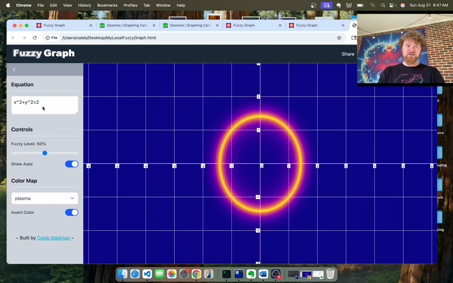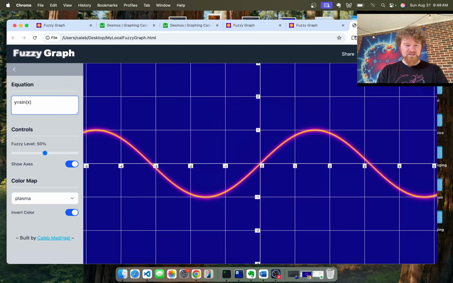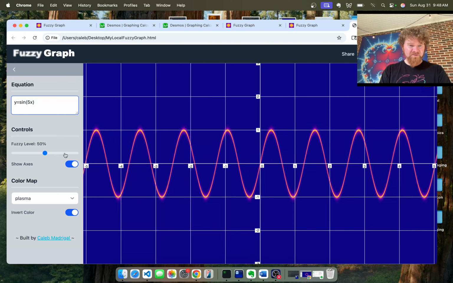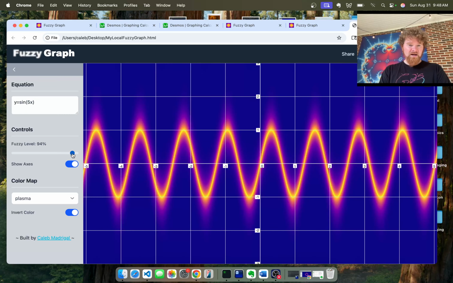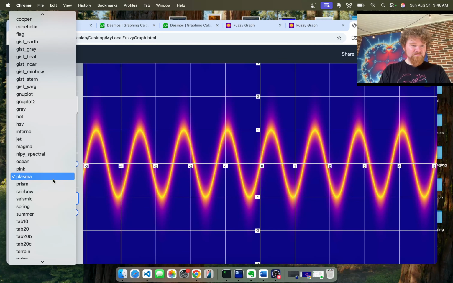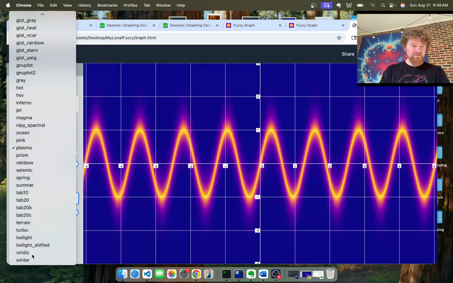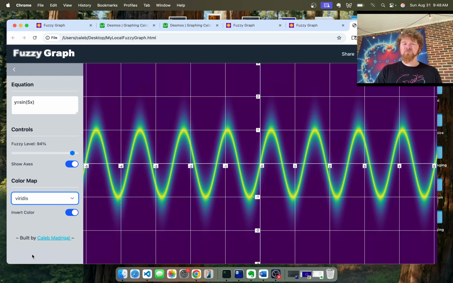And you can do y equals sine of x. No, that's too boring. Make higher, up the frequency, right? Up the fuzz, more. So you can use this. What's another one? Good one. You can use this anywhere, offline on any device.